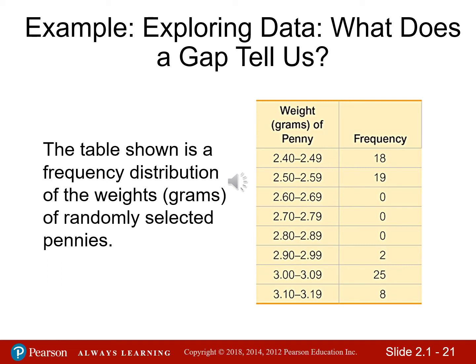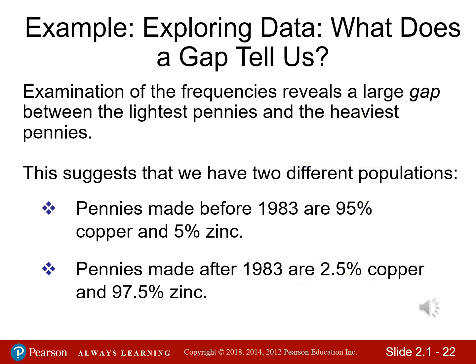For example, let's look at the frequency distribution of the weight of randomly selected pennies. The table below reveals a large gap between the lightest pennies and the heaviest pennies. This gap suggests that pennies may come from two different populations. As it turns out, pennies minted before 1983 are 95% copper and 5% zinc, while pennies minted after 1983 are 2.5% copper and 97.5% zinc.